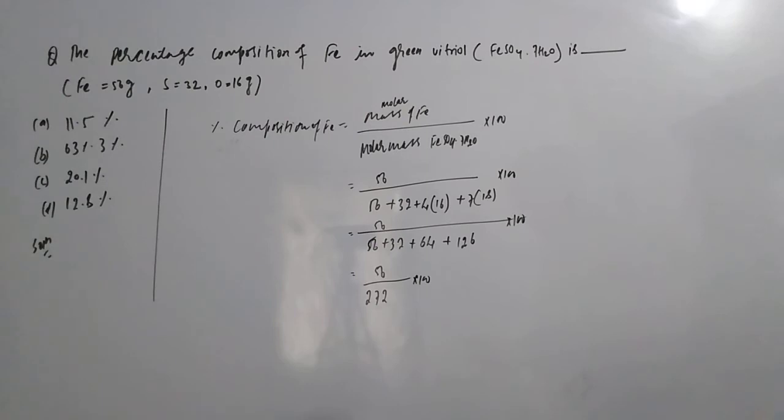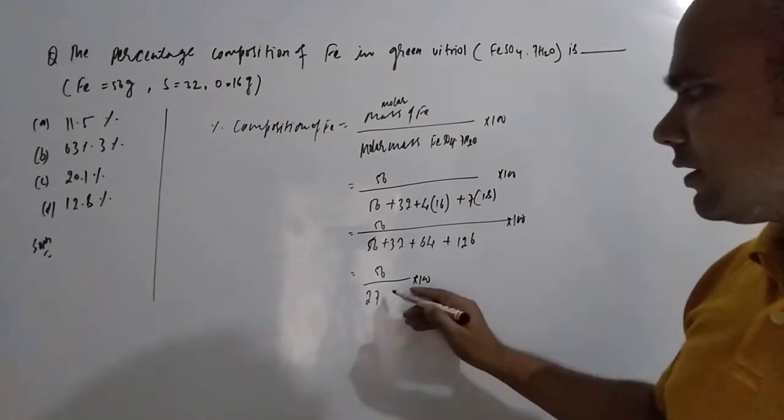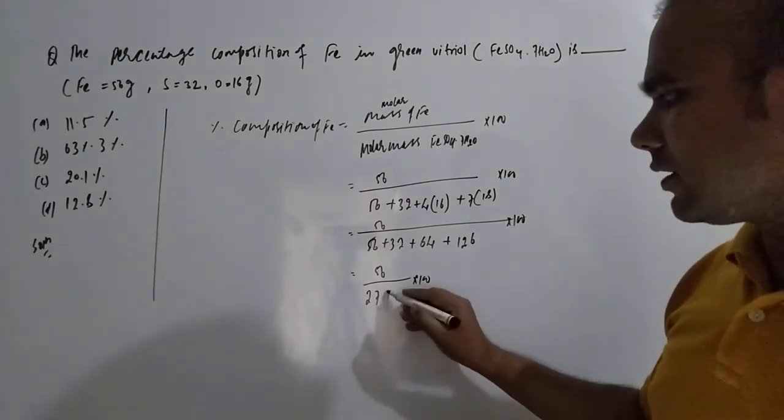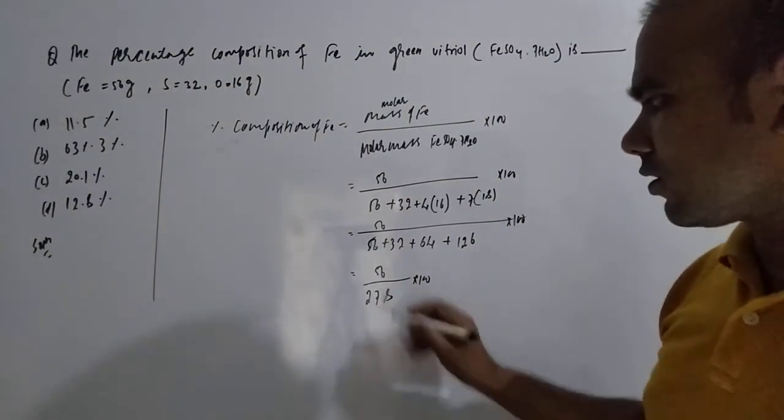That is 56 plus 32 plus 64 plus 126. How much is coming? 278. It will be 278. Let us put 278.